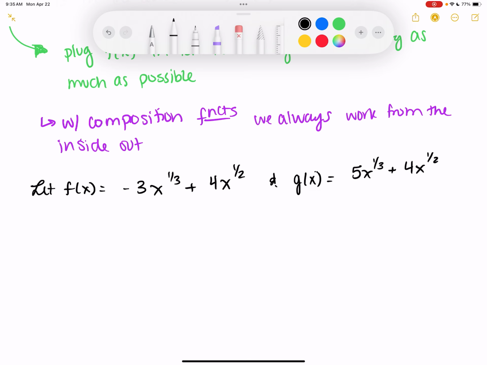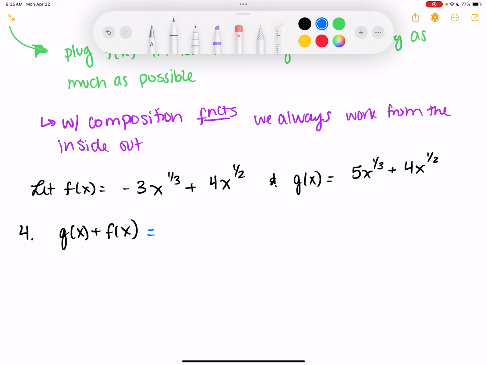Number 4 says g(x) plus f(x). So we just take the first function and add it to this one. If it's subtracting, which we'll do in a minute, you have to be really careful about signs.